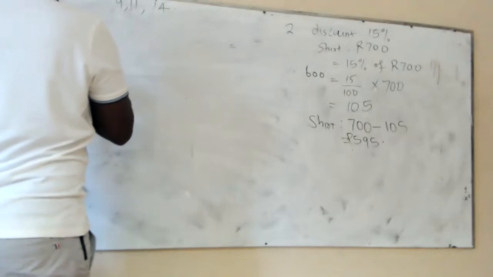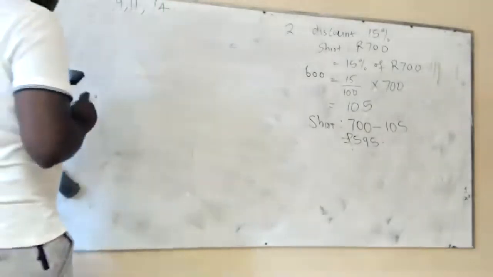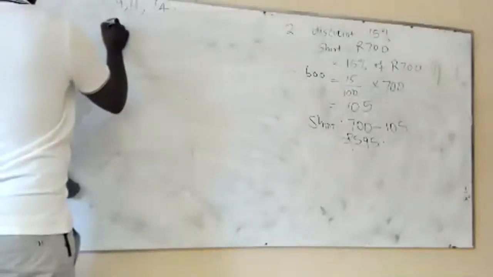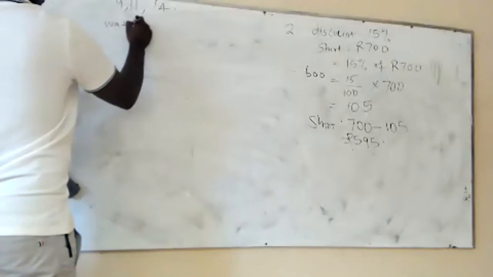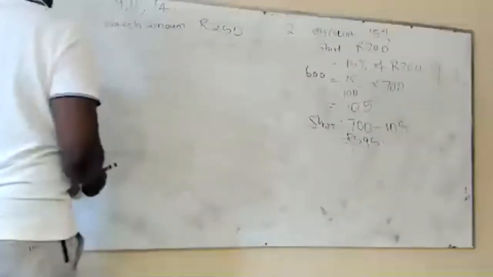Question number 9. It says a watch which was bought for, this is the amount of the watch, is given as 250 rand.